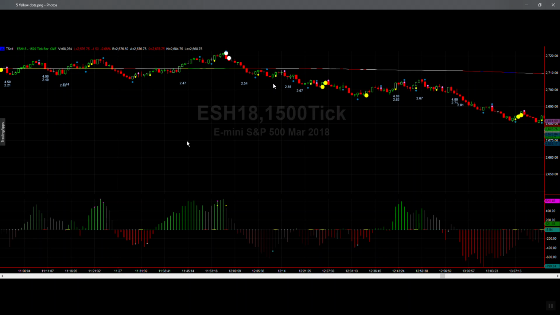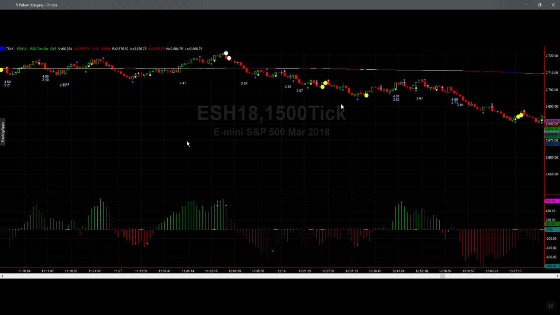Now, there's other ways for us to also tell how it trends. For instance, it's cutting through the support resistance regression to the mean line here, and it goes below it. So anytime it cuts below it or above it, it has a definite chance of having an extended move.